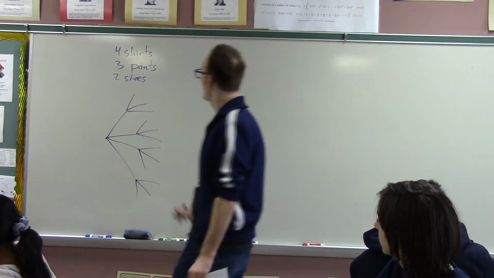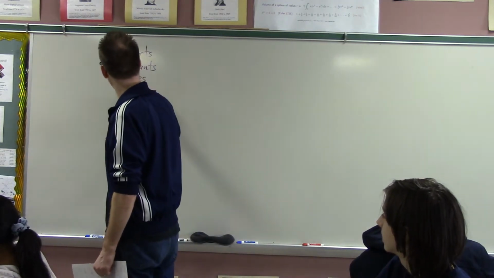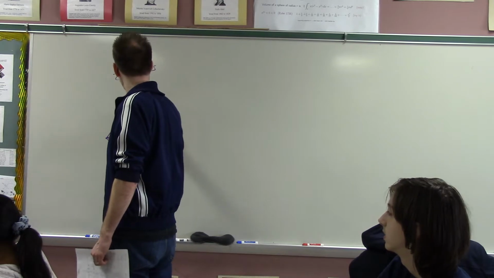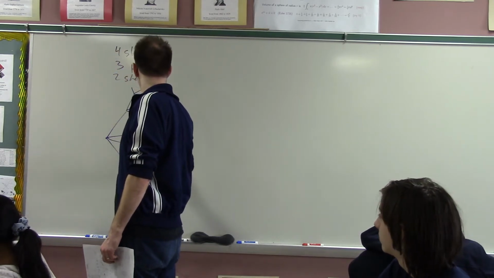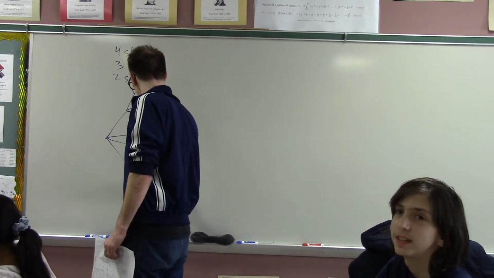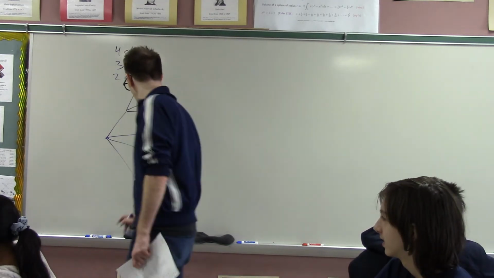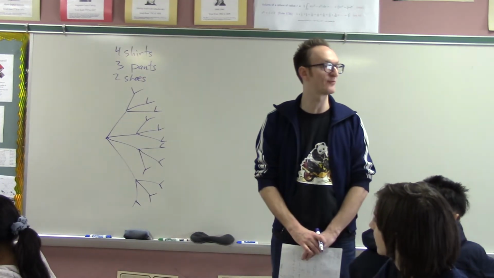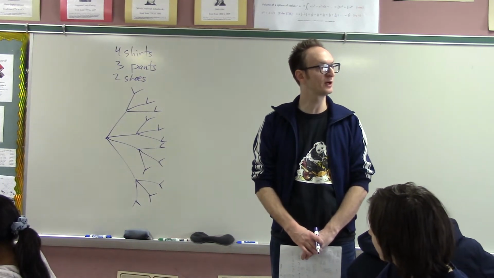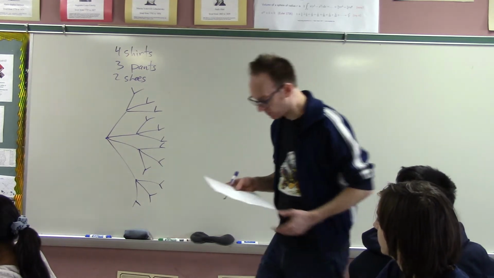Finally, I have 2 pairs of shoes, so for every one of those shirt-pants combos, I can further pick a shoe choice. Every distinct path through this decision tree is a different possible outfit. Follow? How many outfits do I have therefore? 24. Okay, good.